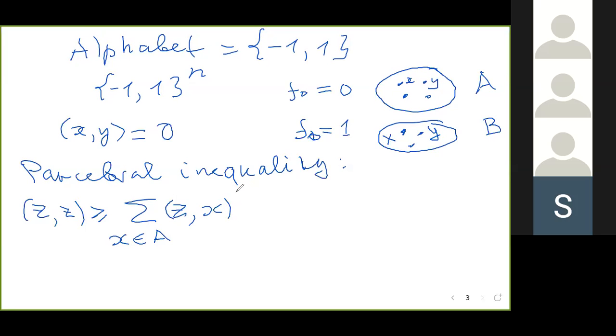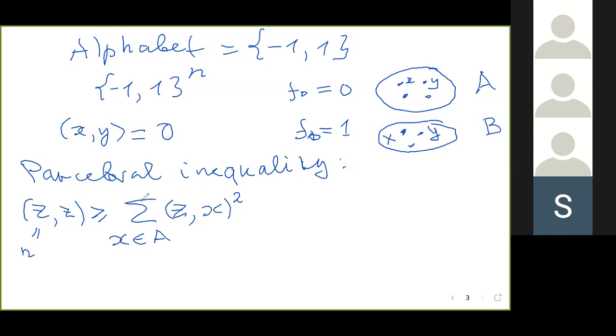And here we need to put a square, I'm sorry. This is sort of a projection of Z on X, and this is the length of Z. And in our case, the squared length of any vector from plus minus 1 is n.